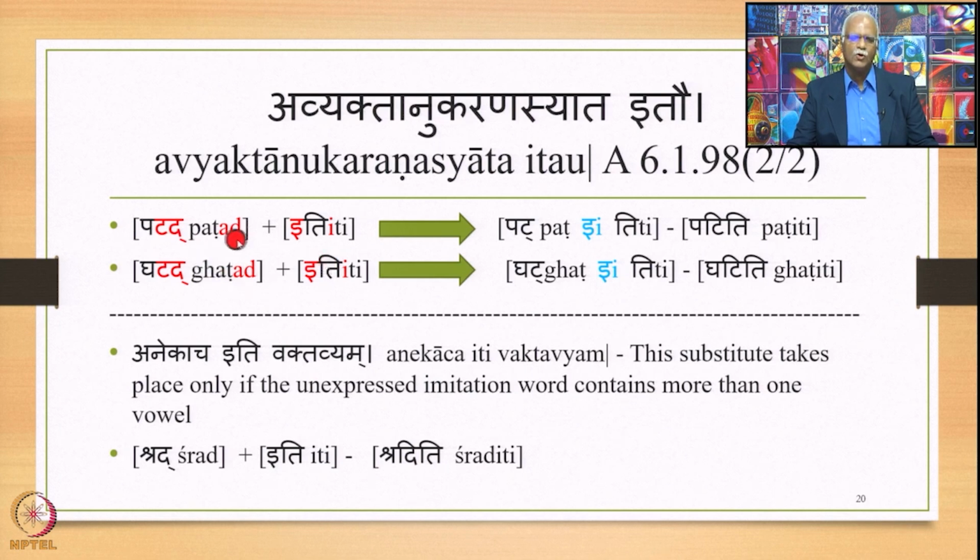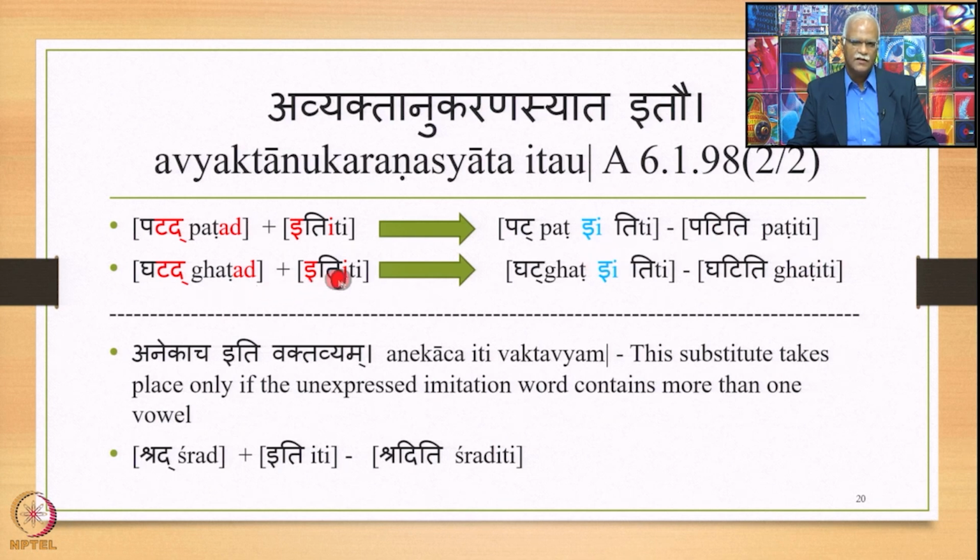So we have at over here followed by e, and now by the application of 6198, this at and this e get the pararupa sandhi. That means this e remains, and in place of this and this, the output generated is pat, at is gone, and e and t. Joining them together, we get patiti.